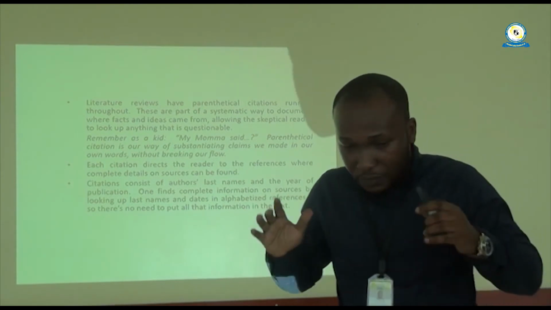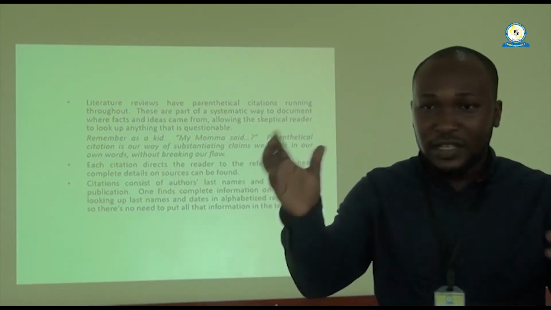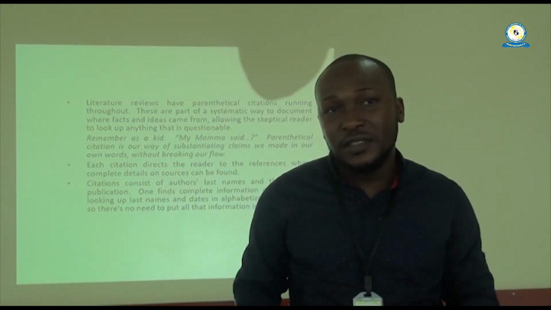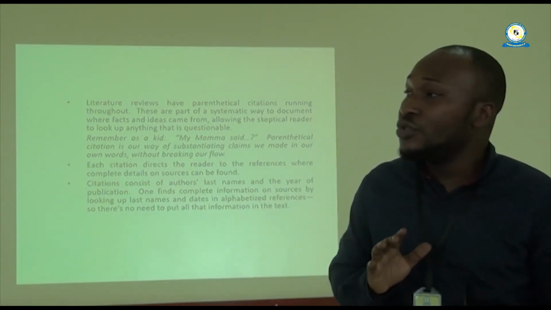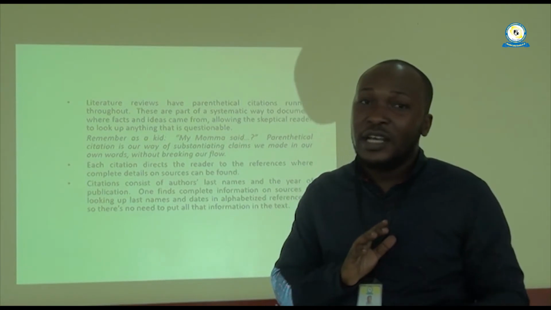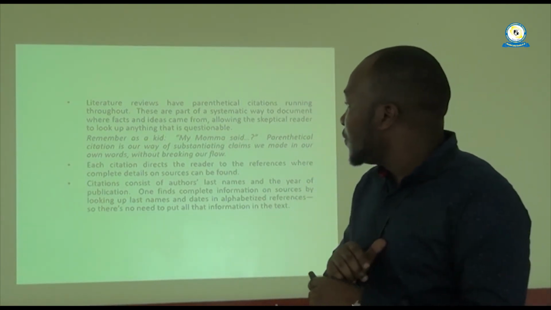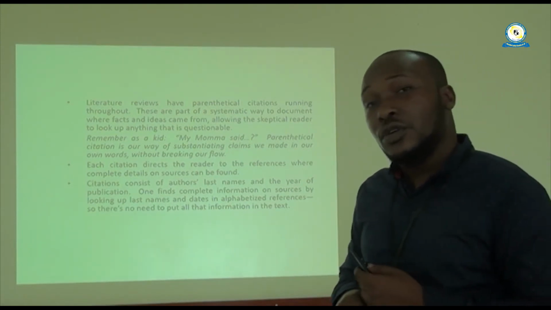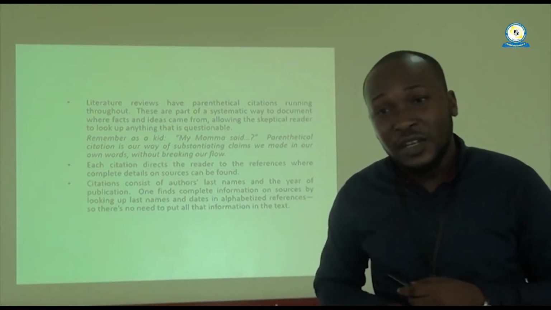You don't just plagiarize someone's work. You don't just take someone's work and put it there and say this and this and this. You need to cite, you need to show appreciation that this can be obtained from this article or research or report or book.